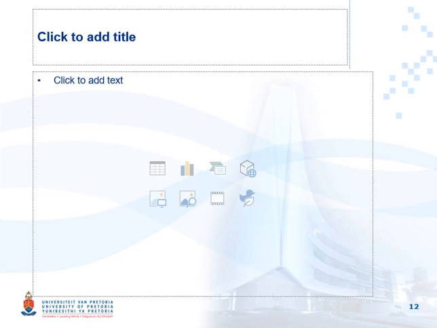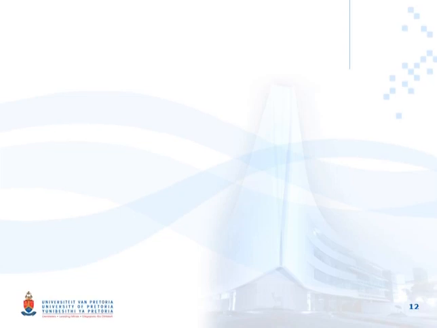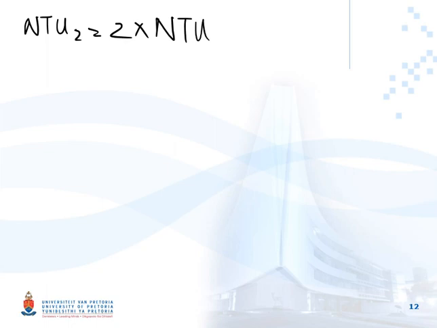Okay, now when we have all the information, NTU 2 is 2 multiplied by NTU 1, where NTU 1 is the number of thermal units for 1 shell and 40 passes.